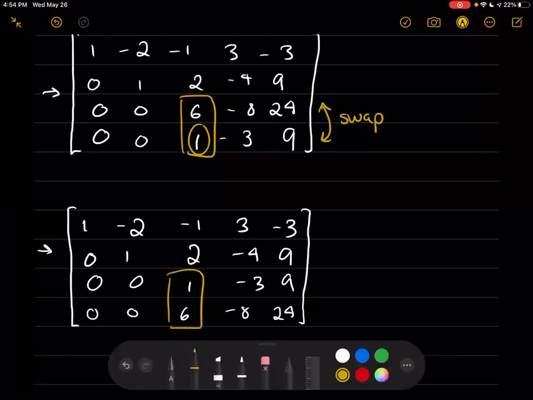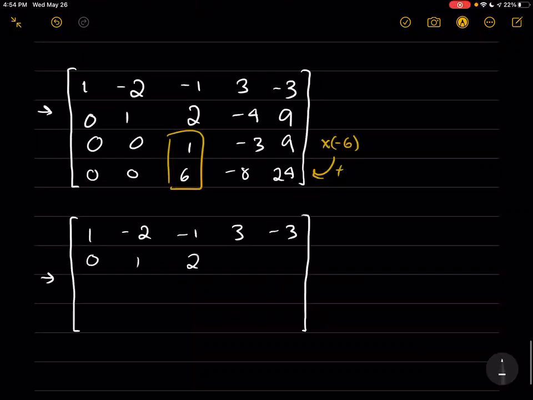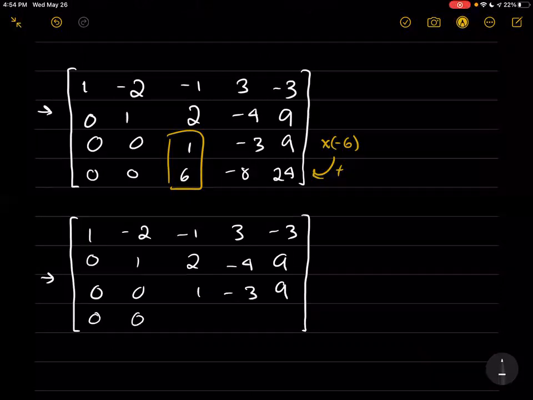We want to cancel out that 6. To do that, I think we want to multiply this by -6 and add it. And when we do that, the other two rows are unchanged. Zero, 0, 1, -3, 9, and we get a 0, 0, and then -6 plus 6 is 0.